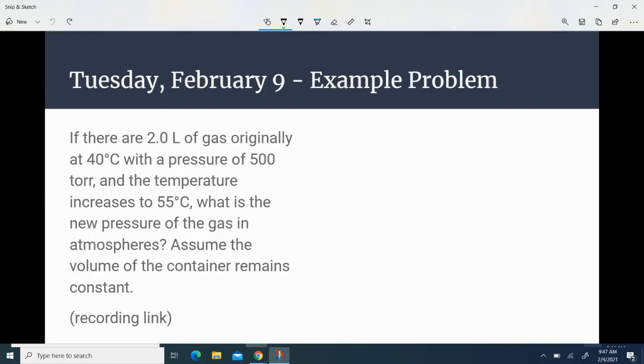So I've got a sketch here for us, or a snip of that slide. First things first, I'm going to write down what we know. Volume is 2 liters originally. The temperature is 40 degrees Celsius originally, which we convert by adding 273 to 40, and that's 313 Kelvin.